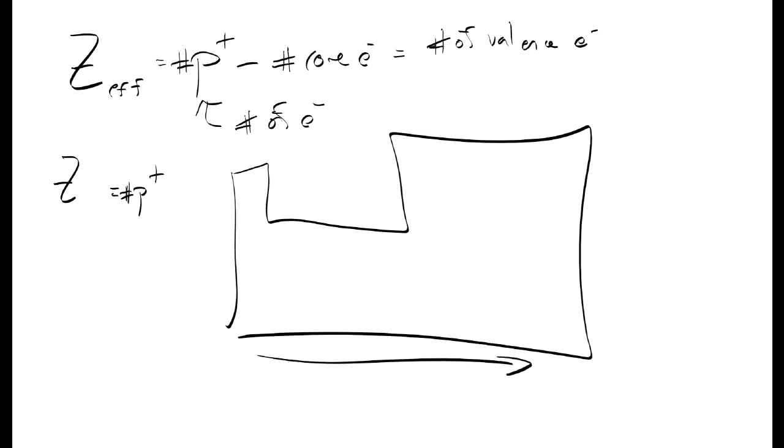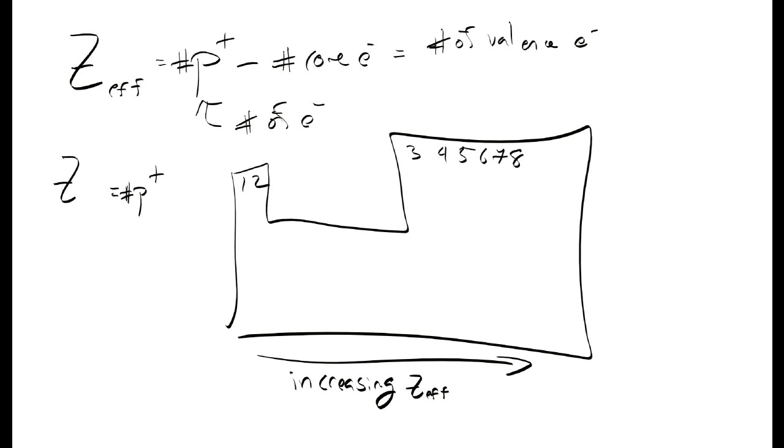Going from left to right, you have increasing effective nuclear charge. For every column, it's the same. But it increases from left to right because 1 valence, 2 valence, 3, 4, 5, 6, 7, 8, right?